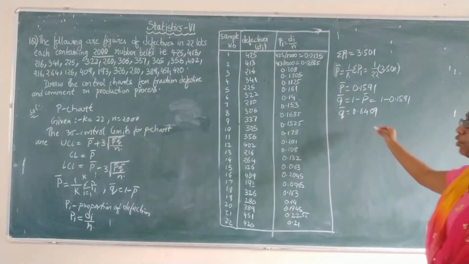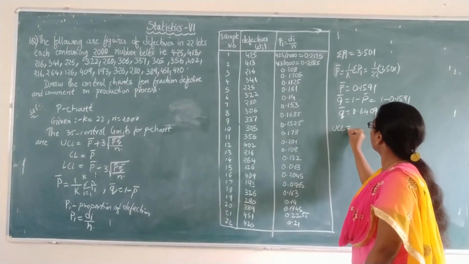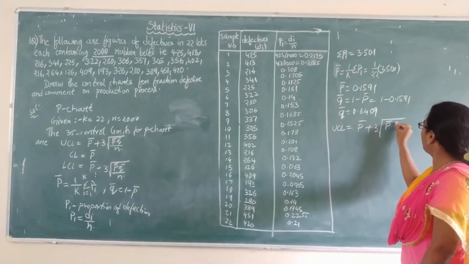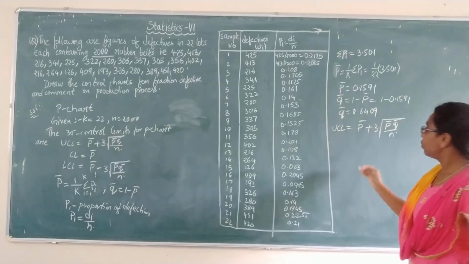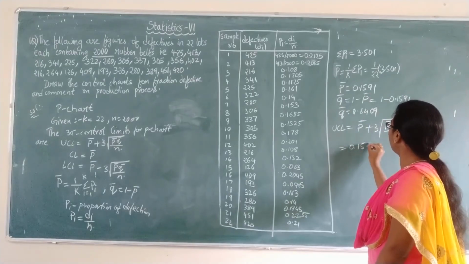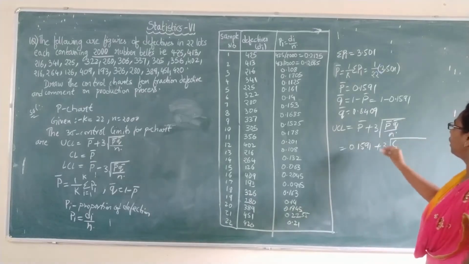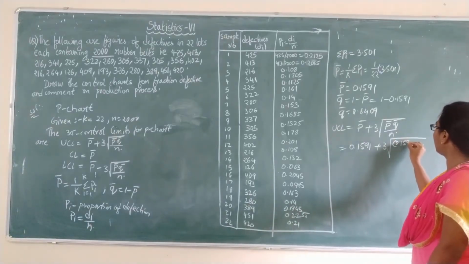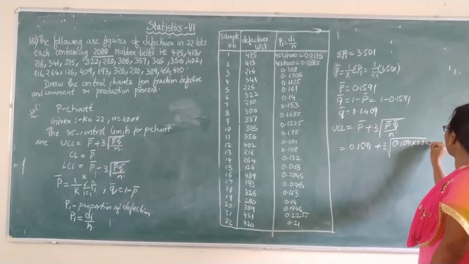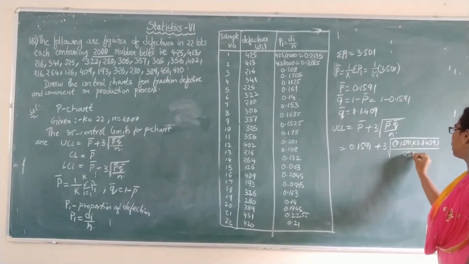Substitute these p bar and q bar values in the 3 sigma control limits. So what is the UCL? UCL equals p bar plus 3 into under root p bar q bar by n. P bar is 0.1591 plus 3 into under root 0.1591 into q bar 0.8409 divided by n, that is the sample size 2000.